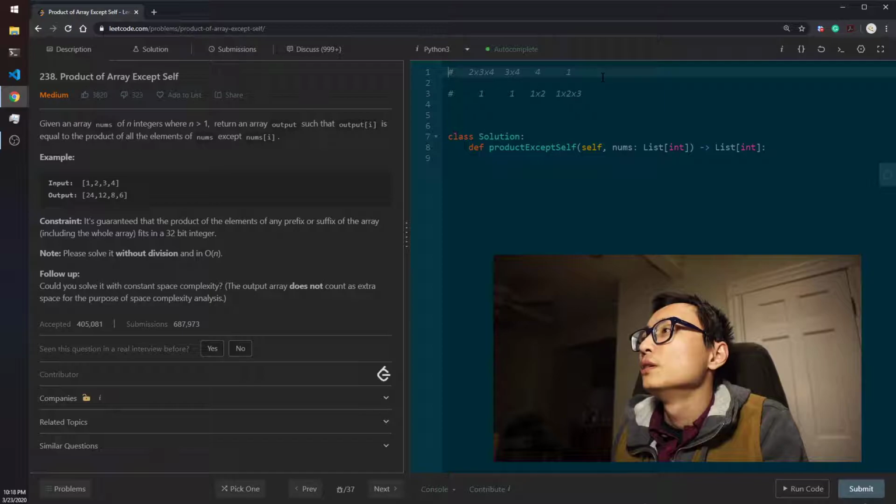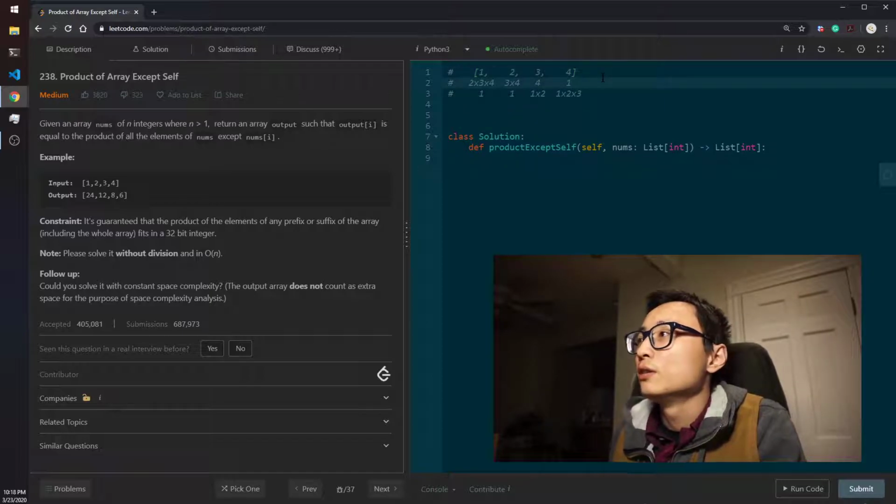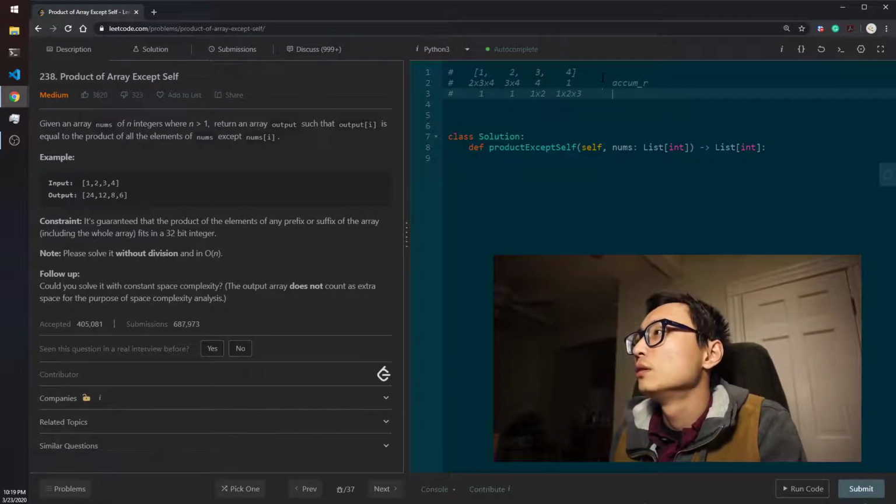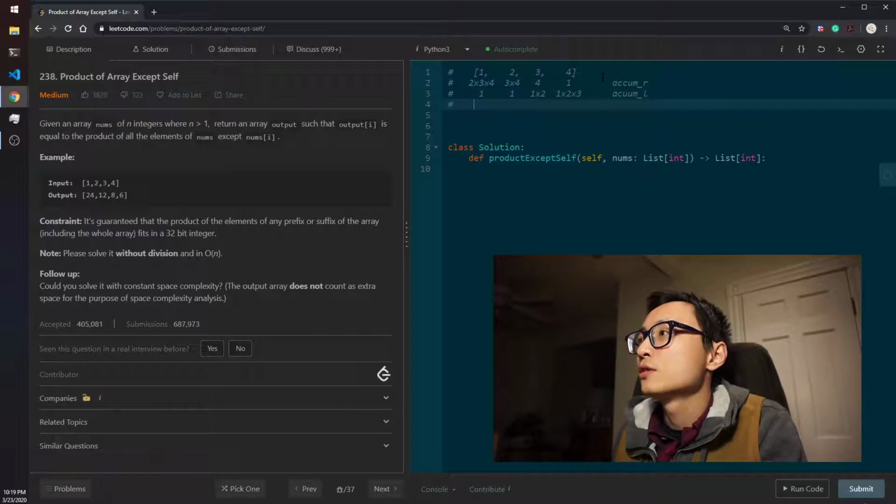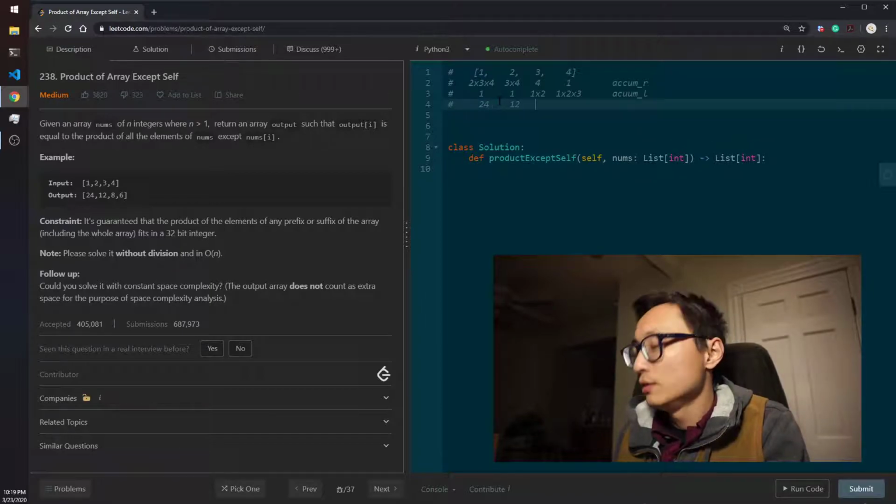So let me rearrange these things a little bit. I just call them cum right and cum left. The output is just matching these locations to get 24, 12, 8, and 6.